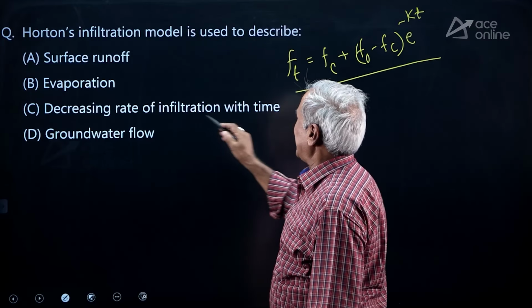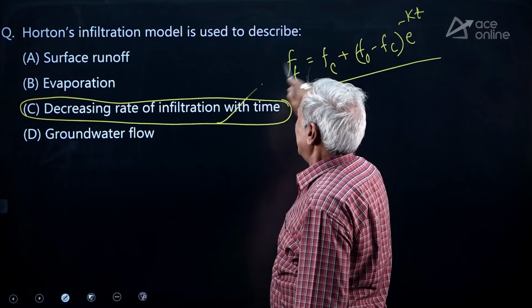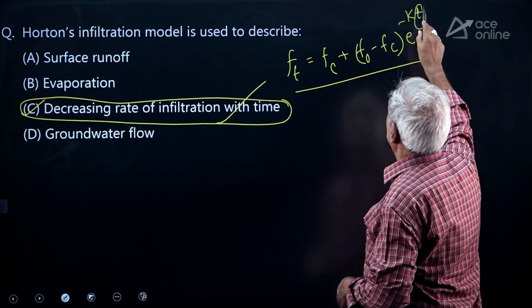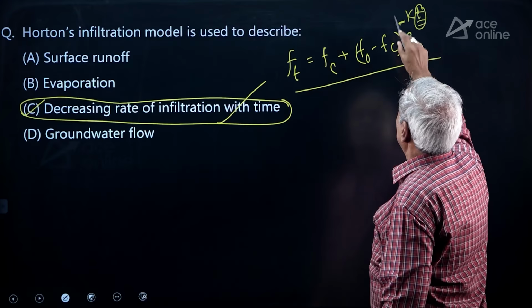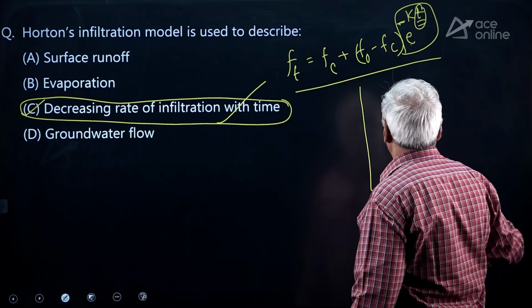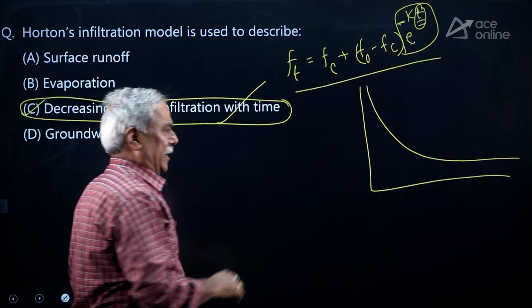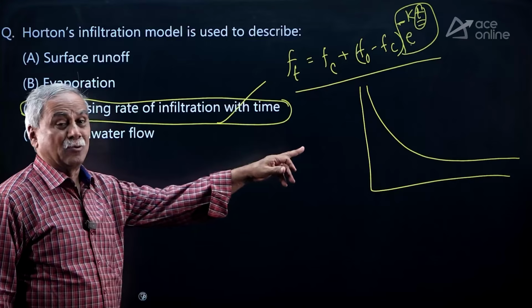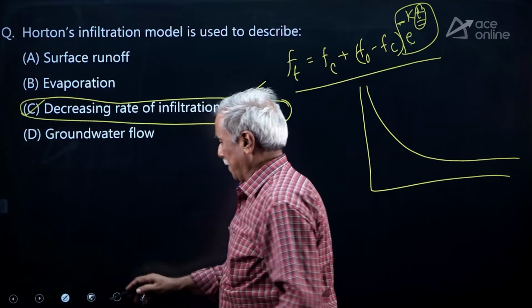How the decreasing rate of infiltration with the time will take place. This is the correct option, because as the time increases, this function goes on decreasing. You are going to get the graph like this. This will clearly indicate how with increase in time, the rate of infiltration goes on decreasing. Option C is the right option.